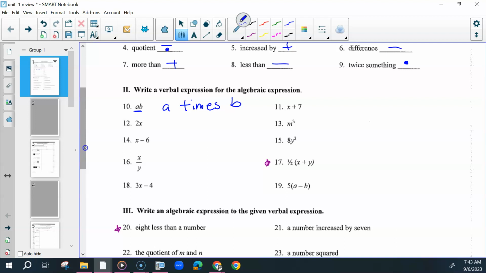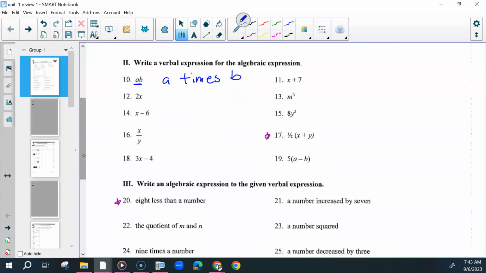Any other ones in this section we want to see you go over? Number 17. Okay. So here we are multiplying. We would eventually multiply the 1/2 to everything inside the parentheses, and we're adding. How could we say we're multiplying the 1/2 to everything? 1/2 times everything. You would say times all, or times the sum of.